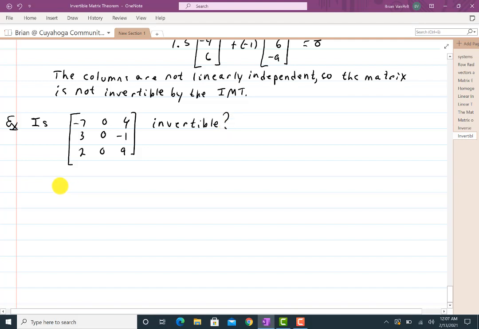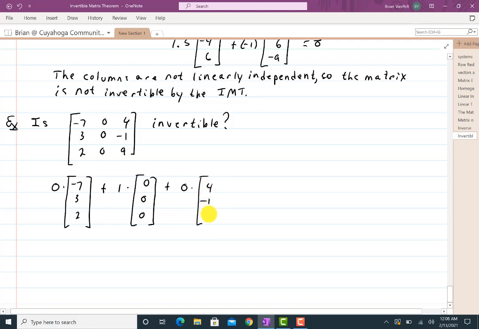I can do 0 times the column -7, 3, 2, plus 1 times 0, 0, 0, plus 0 times 4, -1, 9. And hopefully you can see that that's the 0 vector.